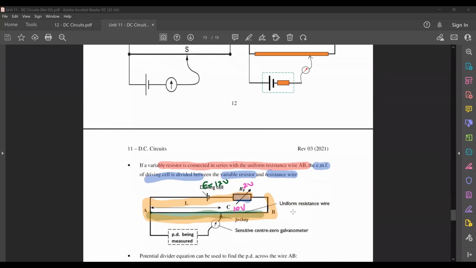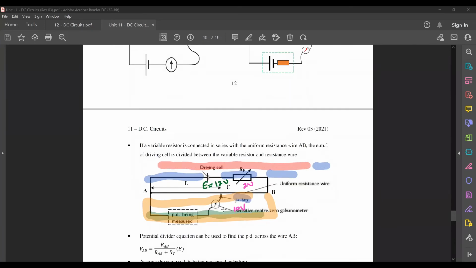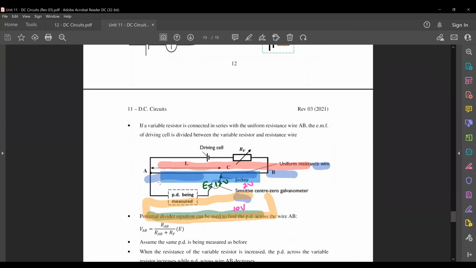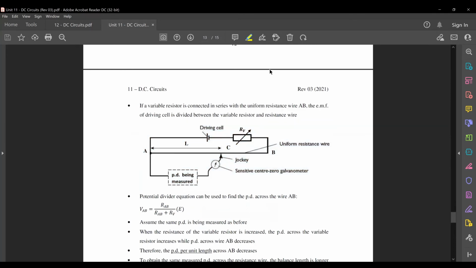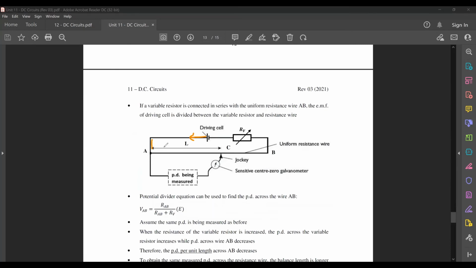Now, when you want to find the actual PD across the wire, sometimes you could use your potential divider equation. Remember just now, this one here, I told you that when you use your potentiometer, by right, current will never go down to the bottom circuit. It will be confined within this loop only.